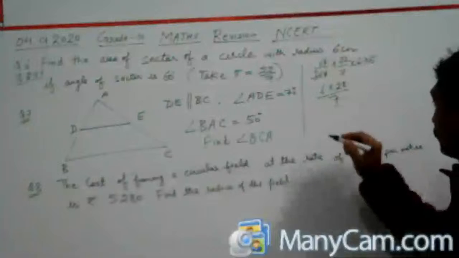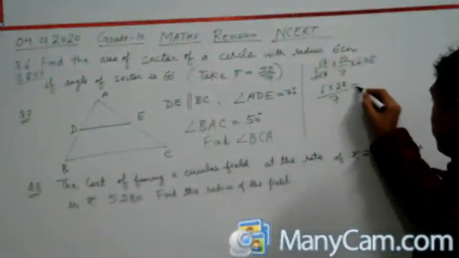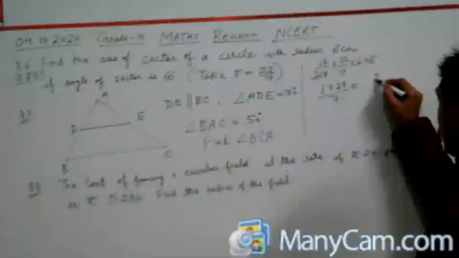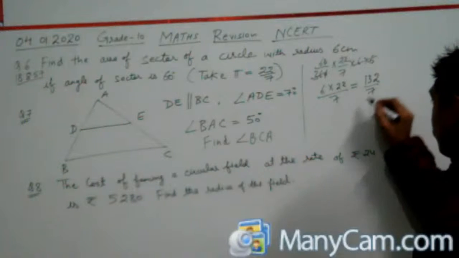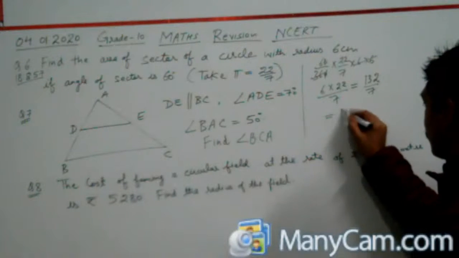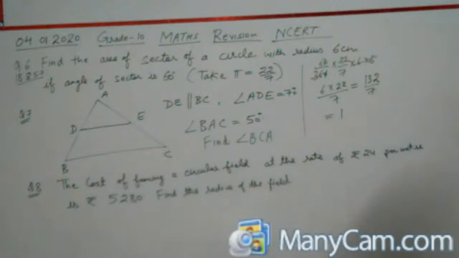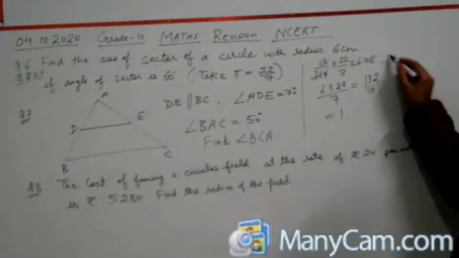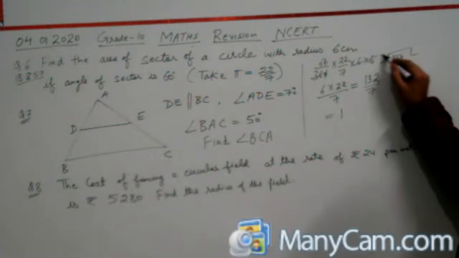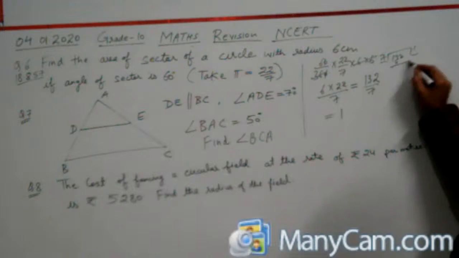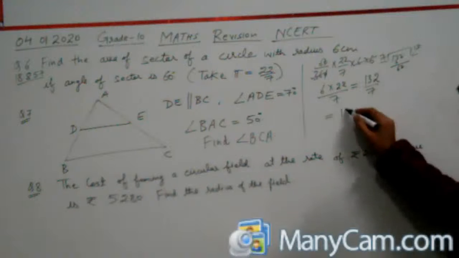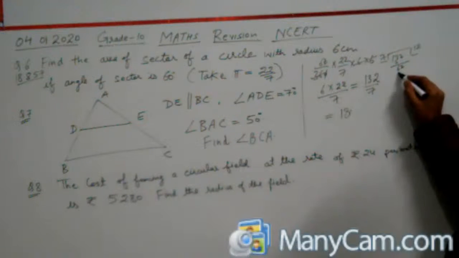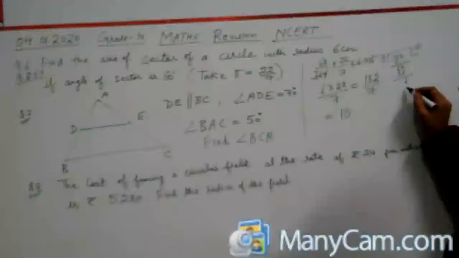So here 6 2s are 12 plus 1, 13, divided by 7. So here 7 ones are 7, right? Then when we divide 132 with 7, 7 ones are 7, 62, 7 eights are 56, 12 minus 6, again 6, right?